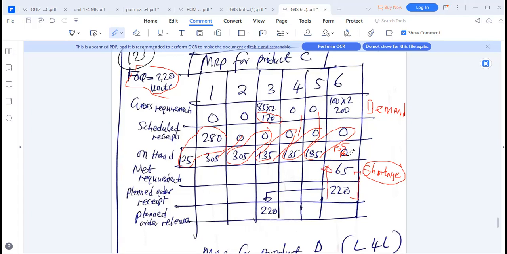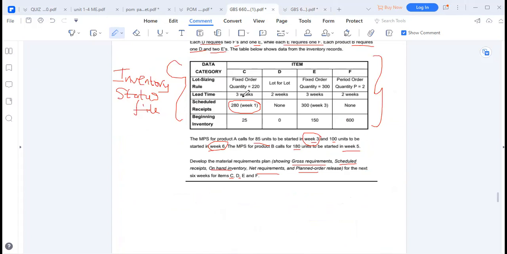And then for us to have a receipt of 220 units in week 6, we have to check what lead time we are given. For this one, lead time was 3 weeks. LT is lead time, the time taken between when you place an order and when you receive an order.